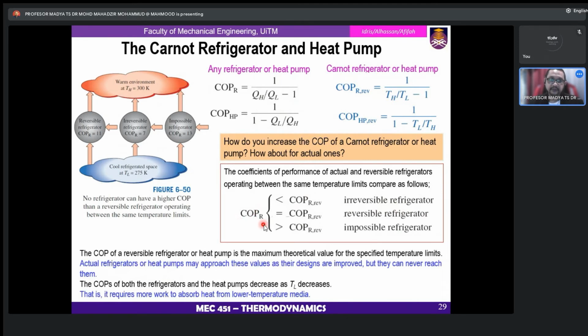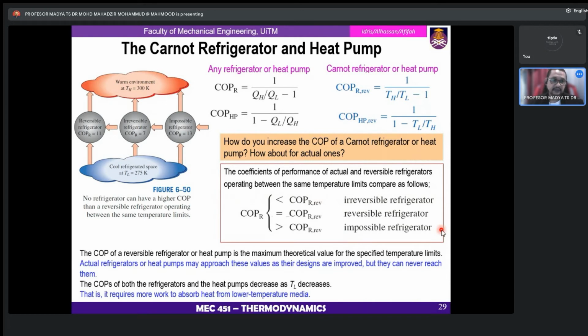If COP refrigerator is the same as COP refrigerator reversible, it is called a reversible refrigerator. But if it is more than COP refrigerator reversible, we call it an impossible refrigerator. The COP of a refrigerator or heat pump is the maximum theoretical value for the specified temperature limits.